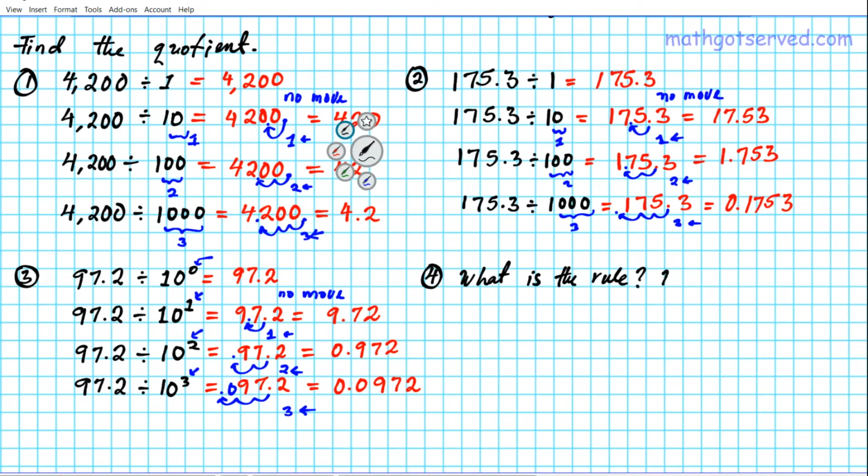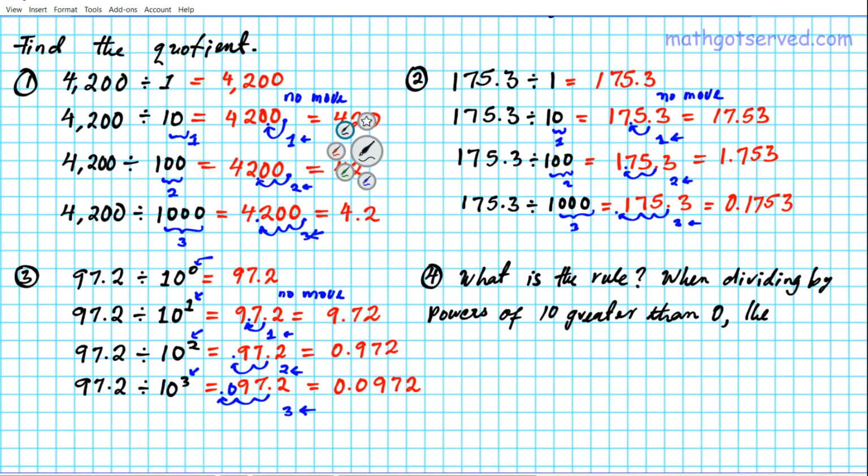The rule is as follows. When dividing by powers of 10 greater than 0, when the power is 0, it doesn't change anything. Okay, so we'll just look at powers of 10 greater than 0.